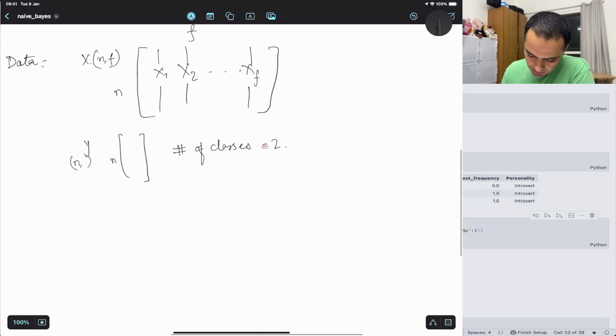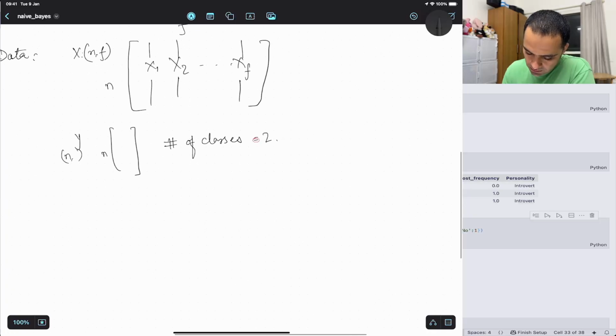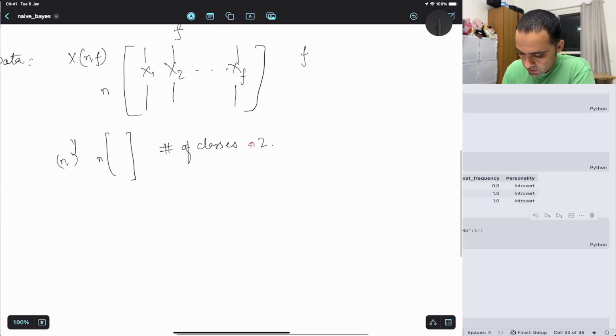Then I'll also tell you what a feature vector is, which will be a vector for any particular sample.